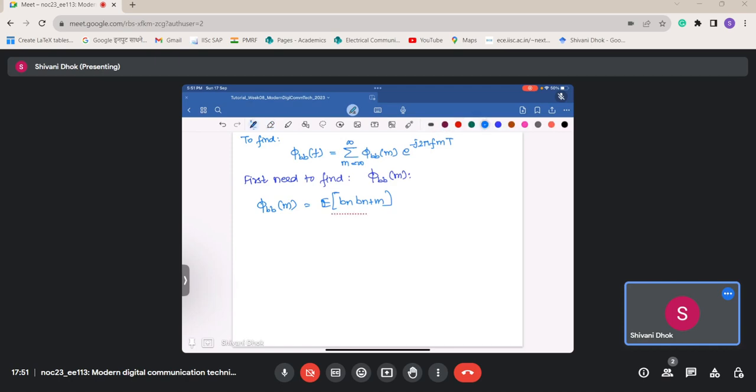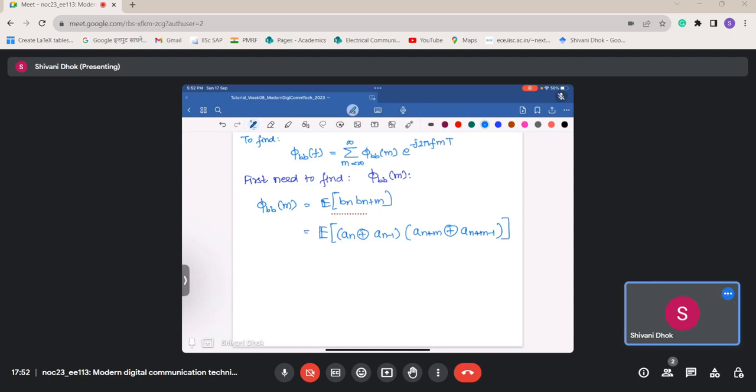This is equal to expectation of An XORed with An minus 1 multiplied by An plus m XORed with An plus m minus 1. If you observe carefully, this is not a simple thing that we can have, right? XORing is not a simple linear operation, and we can't just multiply and apply the linearity property and things like that.